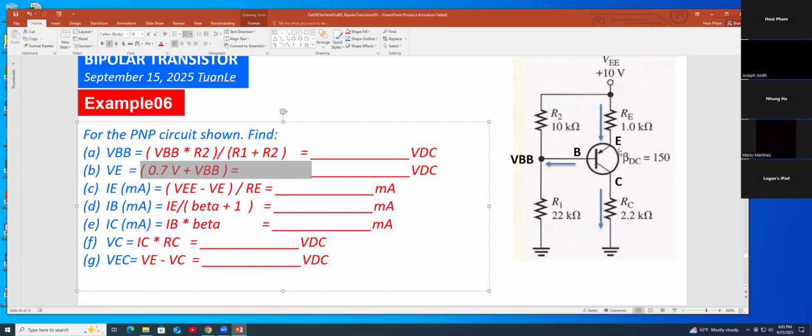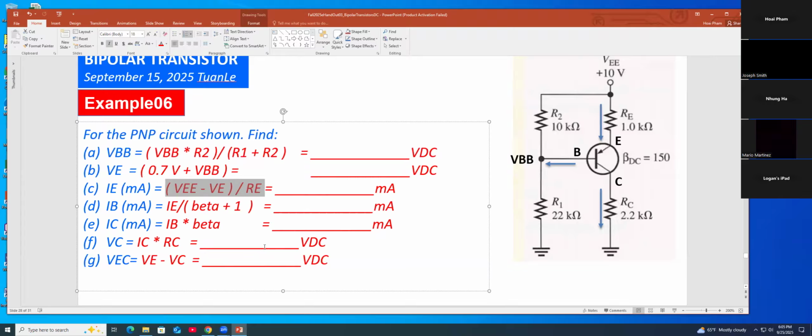That's how you get IE. They show you here. After you get the IE, you can get the IB. The formula will be IB equals IE divided by beta plus 1.